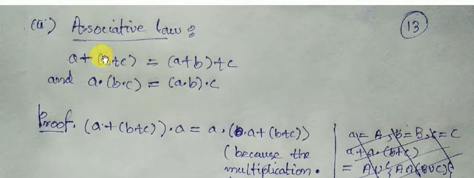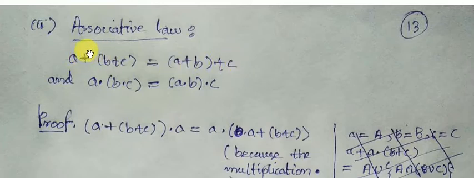Here b plus c is in a parenthesis. This is equal to (a plus b) plus c. Here b plus c are in the parenthesis, and here we have taken a with b in a parenthesis and c outside.